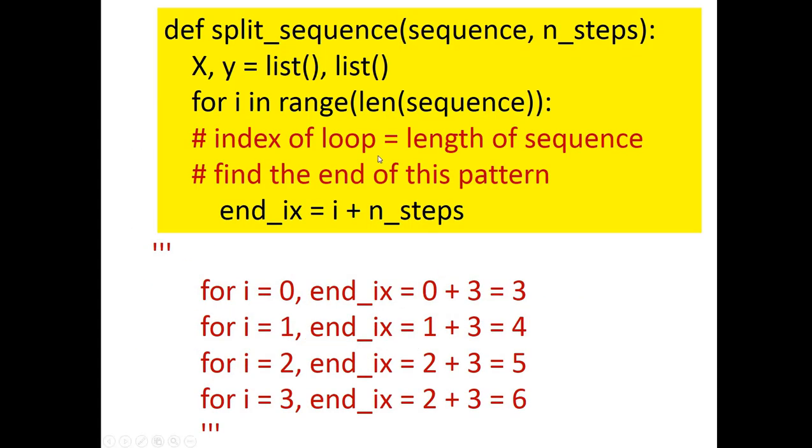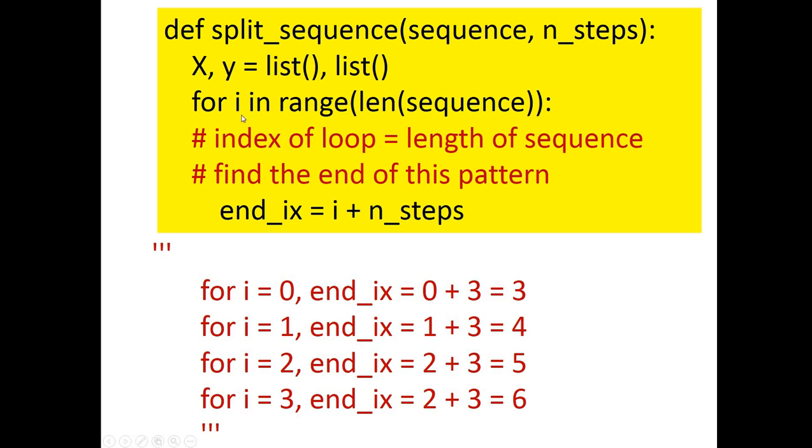As you can see in the yellow color, that is where the function begins. I'm writing a function called split_sequence with 2 arguments: the sequence, that is the real sequence of data which is coming in, and steps, in our case it is 3. There are 2 lists, X and Y. X is the input combinations and Y will be the output.